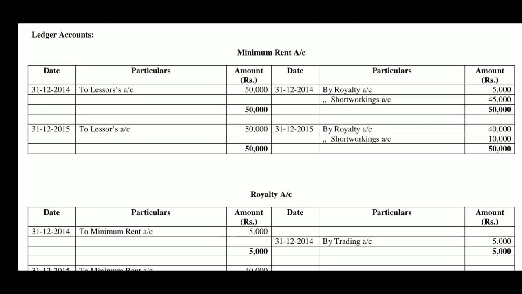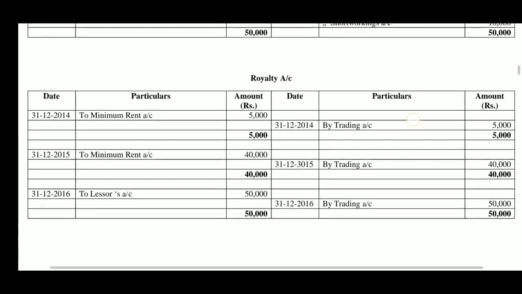For the second year, again minimum rent account debtor to lessor's account, which will be transferred to royalty and short workings. On 31st December 2015, the entry is made at the end of the year: by royalty account 40,000, by short workings account 10,000.